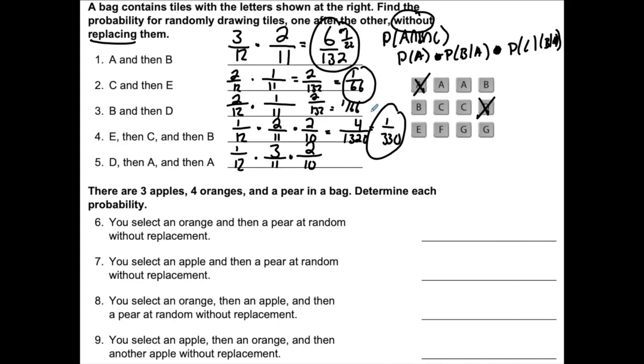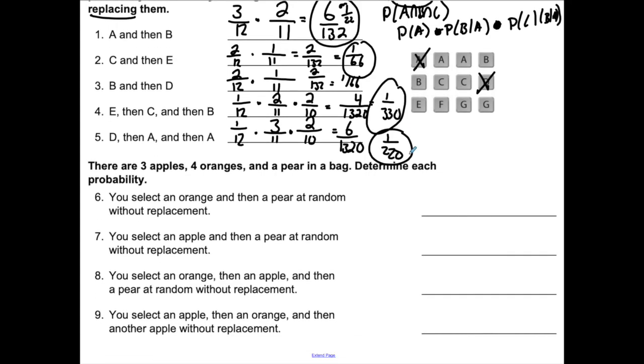So that's where it gets tricky. Ordinarily, we just do however many were in the bag, but now remember, you had to take one of them out when you picked out the second one, so you have to take that into account when you're doing these calculations. And I know that 1320 is divisible by 6. And so I get 1 out of 220. So you have a greater chance of choosing a D and 2 A's than an E, a C, and then a B.